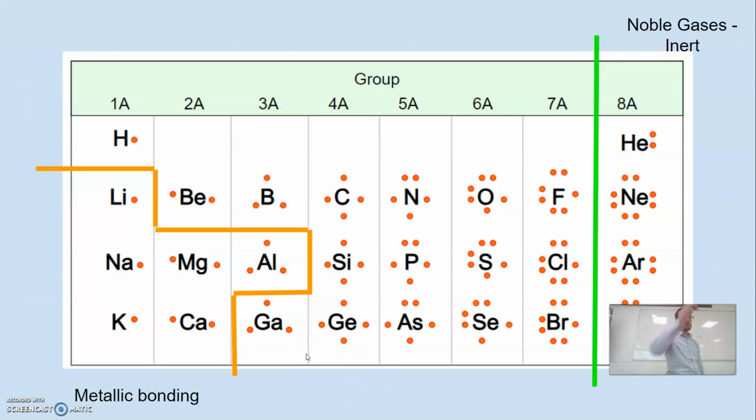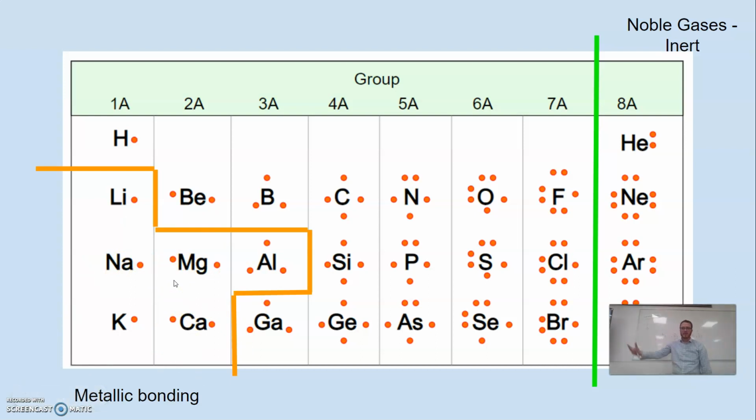Okay, so here's the first 36 elements, ignoring the transition metals. And I've broken this up into little quadrants, if we want to think about it that way. In this orange quadrant on the left-hand side, all of these elements form metallic or ionic bonds. Yeah? They will lose their outer shell electrons very readily. They have very low ionization energies.